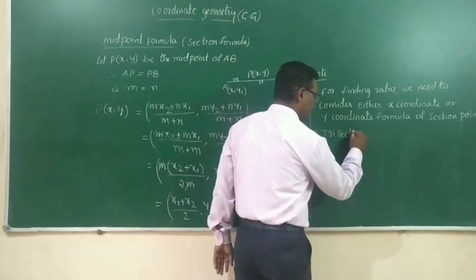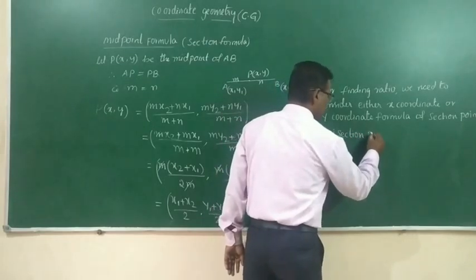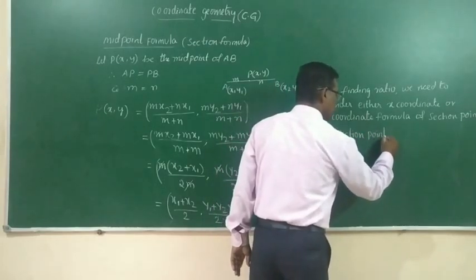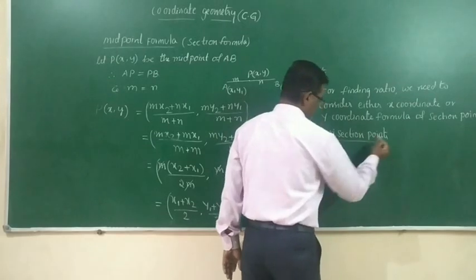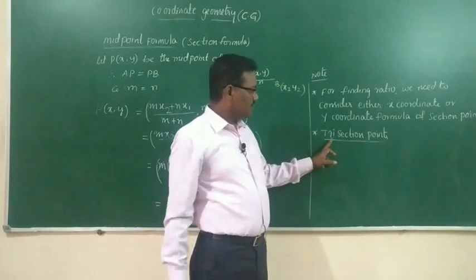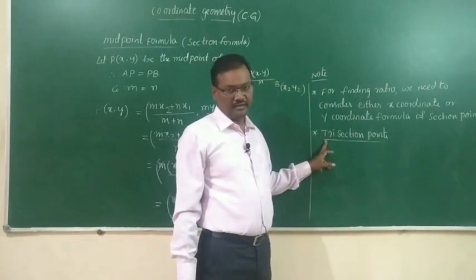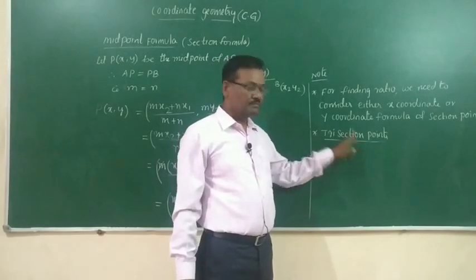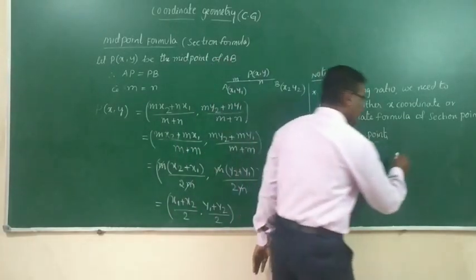Trisection points. Tri means three. Section means parts. There are three parts here.